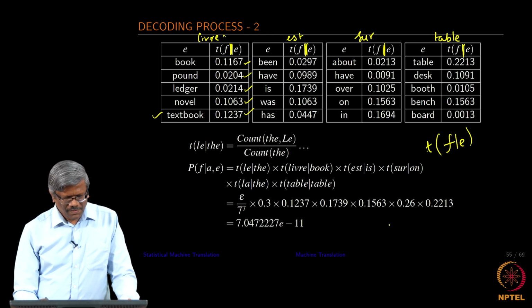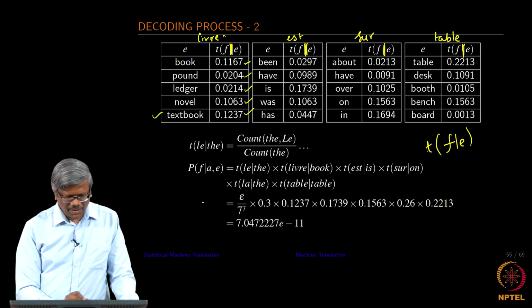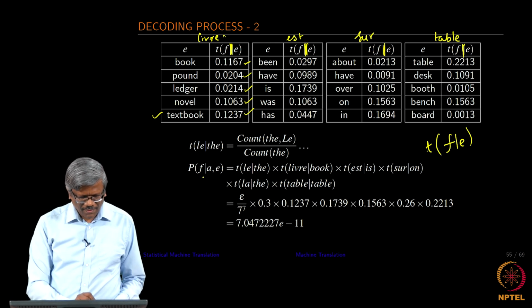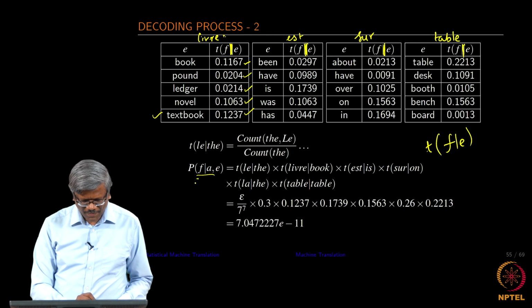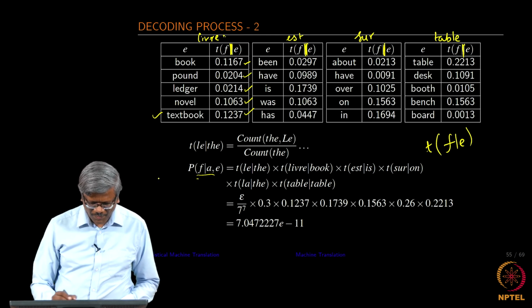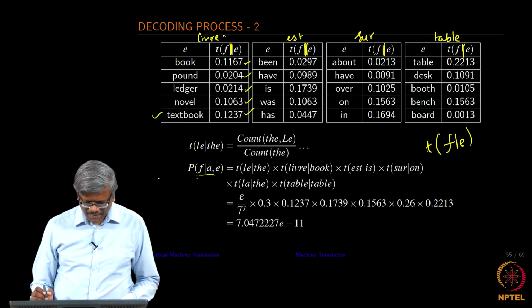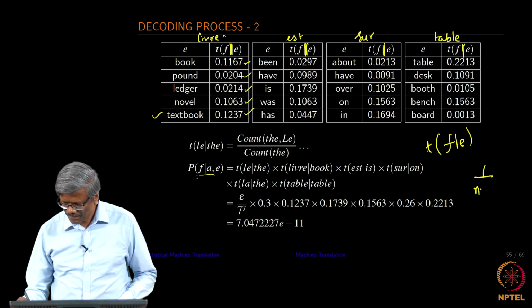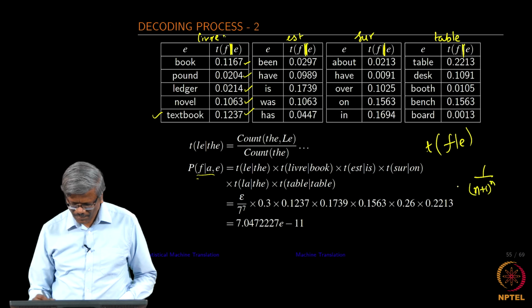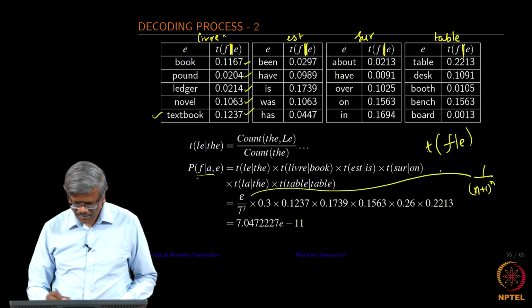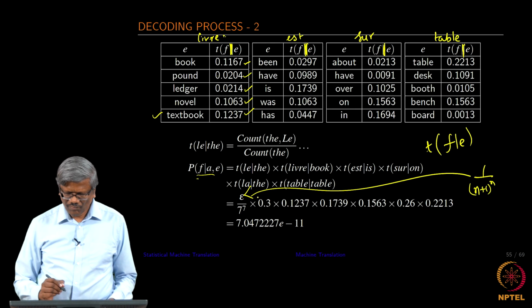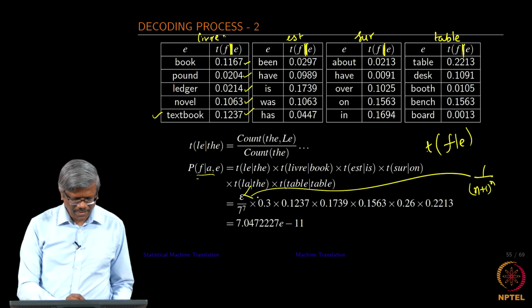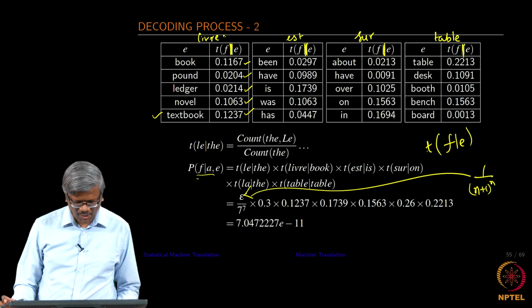Okay. And then finally, you compute the translation probability by using this number. This eta is a normalizing constant that you have.